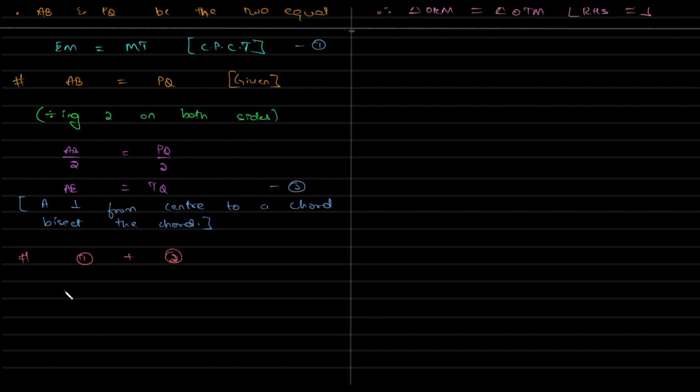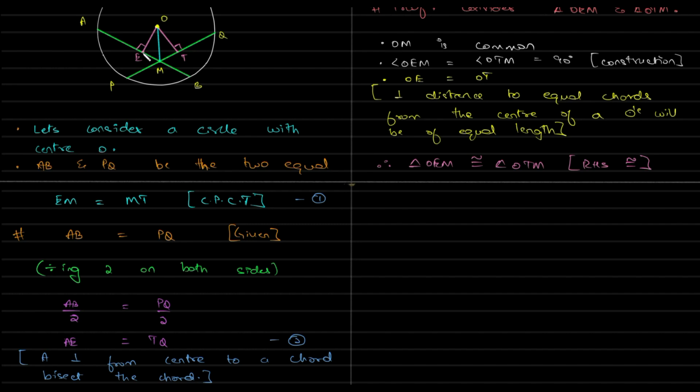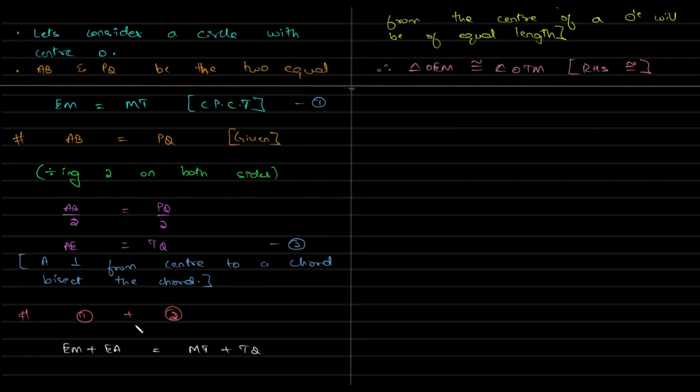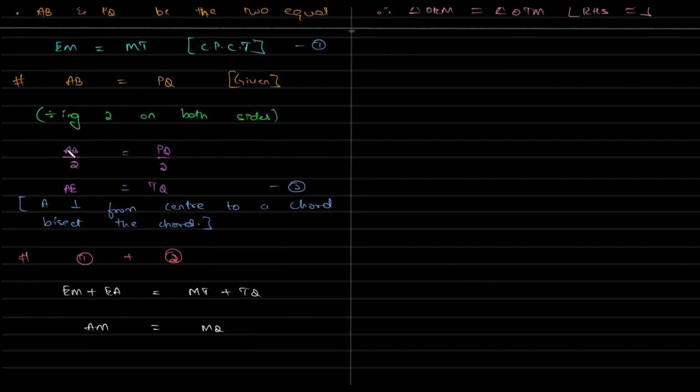We get EM plus EA, which is equal to MT plus TQ. So ME plus EA will give me AM, right? And MT plus TQ will give me MQ. So first part is proved.